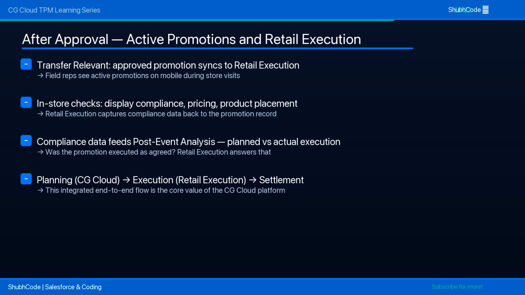Is the price point matching the agreement? Is the in-store display up? All that compliance data flows back into Salesforce, and it feeds directly into post-event analysis later. So the promotion that started as a cloud promotion C record is now driving real-world activity at the store shelf level. That end-to-end connection is what makes CG Cloud so powerful.